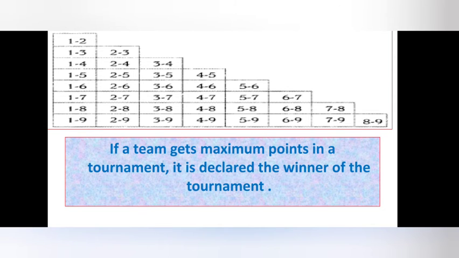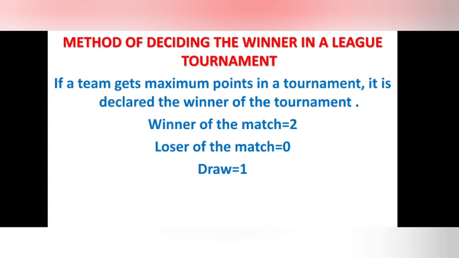It means the team with the highest points in this tournament will be the winner. Okay, class, let's move to the next page. In the next page I'm telling about two methods of deciding the winner in a league tournament.